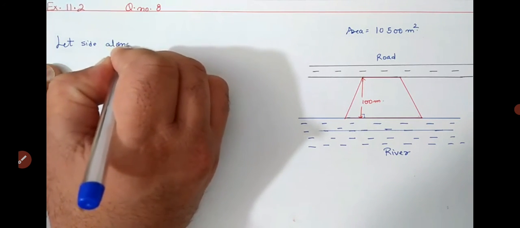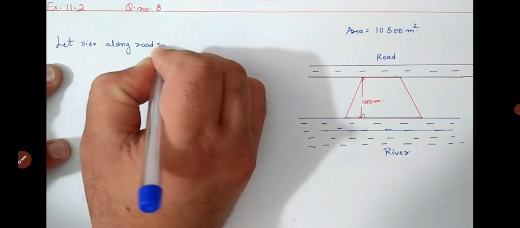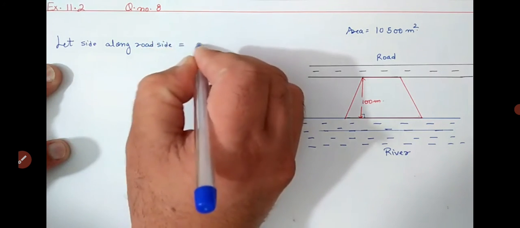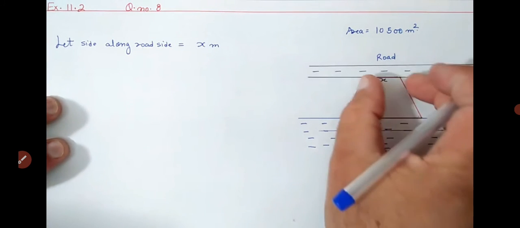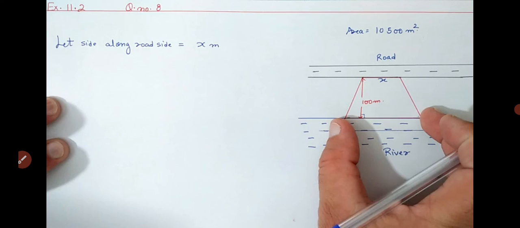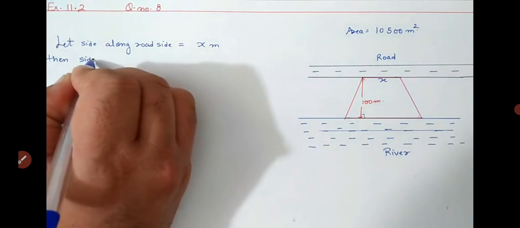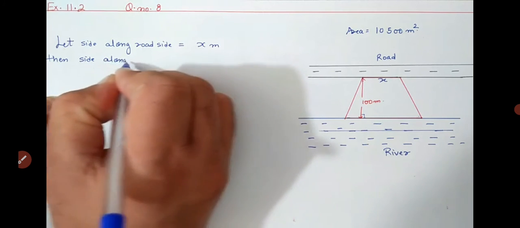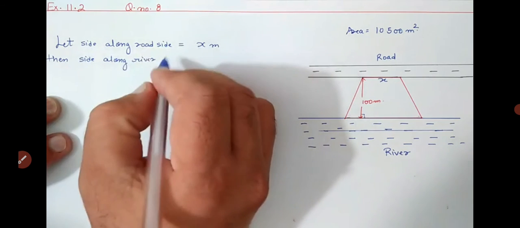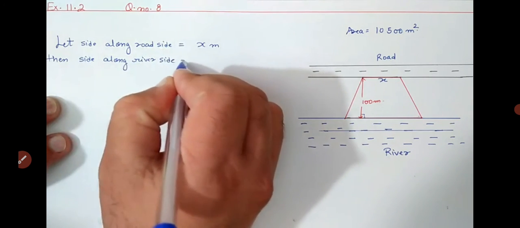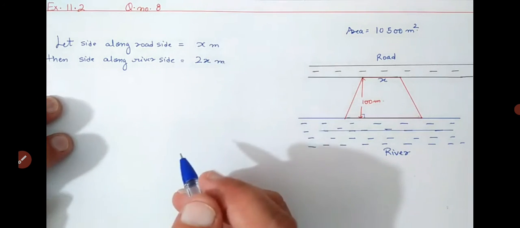First side, if we take along the road, is x. Okay, अगर हम इसे x meter मानेंगे तो नीचे वाली क्या है? Twice है. So we can write it 2x. Then the side along the river is 2x because it's given that it is twice. Okay, so it is 2x meter.